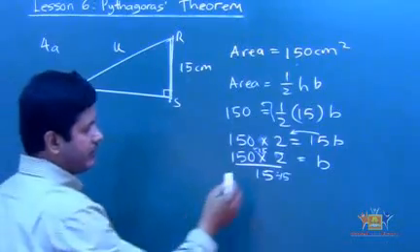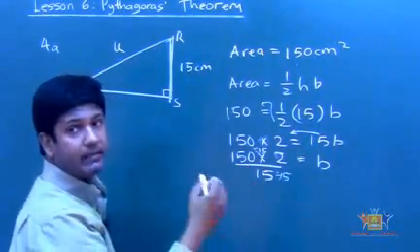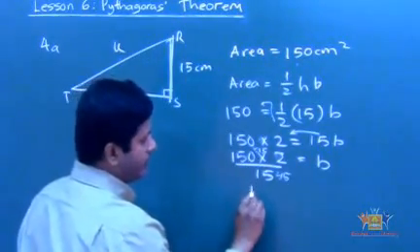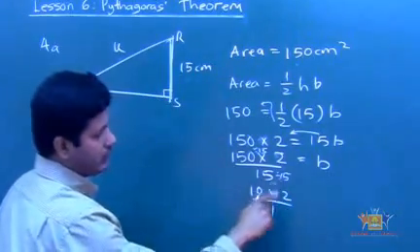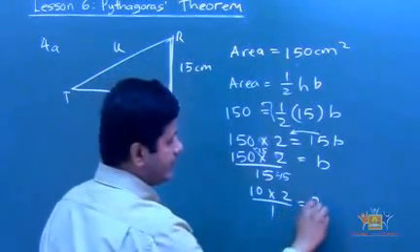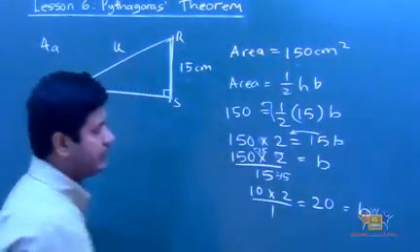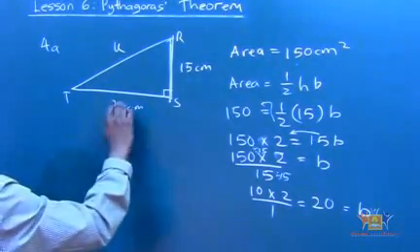So 150 divided by 15 is 10, because 10 times 15 is 150. So it's going to be 10 times 2 over 1. 15 divided by 15 is 1. So 10 times 2 is what? 20. Over 1, which is 20, equals b. So we know b is 20 centimeters.